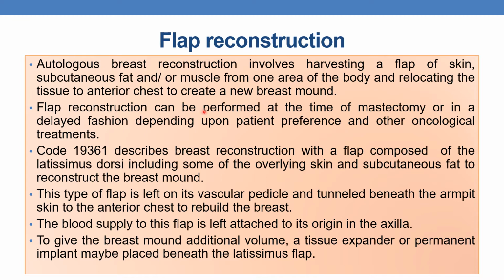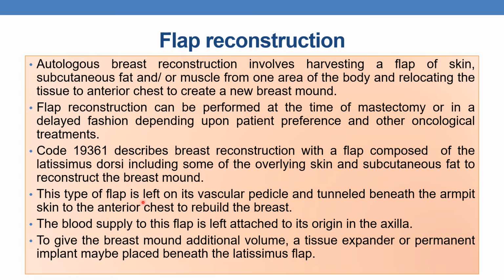The flap reconstruction can be performed at the time of mastectomy or in delayed fashion depending upon patient preference and other oncological treatments. The code 19361 describes breast reconstruction with a flap composed of latissimus dorsi, including some of the overlying skin and subcutaneous fat to reconstruct the breast mound.